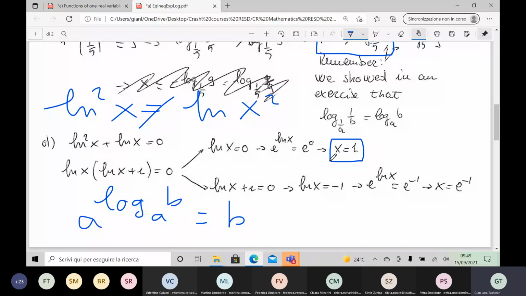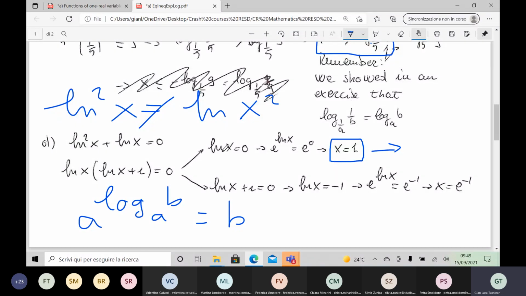Guys, may I tell you another way? Because maybe some students will say, oh, I don't like it. Well, if you can reason in another way, apply the definition of logarithm. ln of x is equal to 0. So 0 is the logarithm. Which is the definition of the logarithm? The logarithm is the exponent I have to give to the basis. Which is the basis of the logarithm here? e.